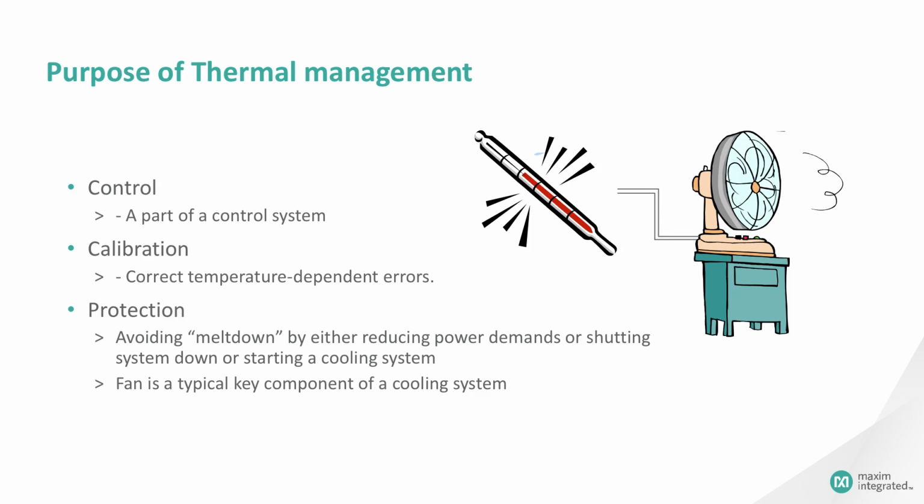Calibration. Temperature data is used to correct temperature-dependent errors in a component. Calibration functions can be implemented simply using an analog temperature sensor with an operational amplifier circuit, or they can be much more complex, with a lookup table that provides a 12-bit correction factor every 5 degrees C for a data acquisition system.